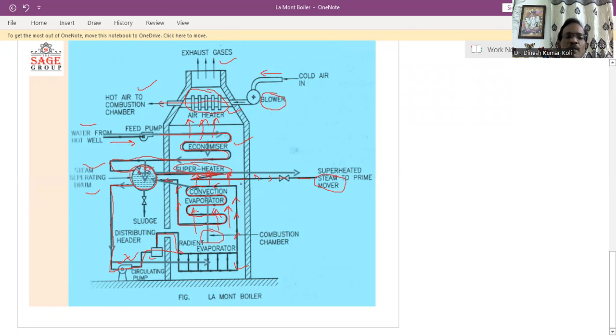So in this way the Lamont boiler functions, but the main difficulty in this boiler is the formation of bubbles, which reduces the heat transfer rate. This problem was solved by Benson, and Benson is the modified form of the Lamont boiler. That will be discussed in my next lecture. Thank you.